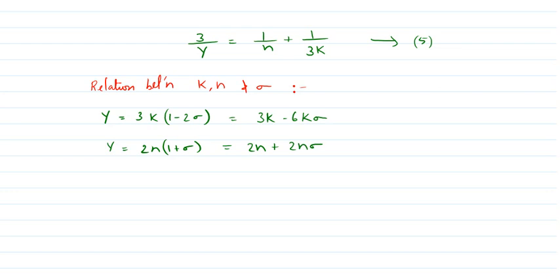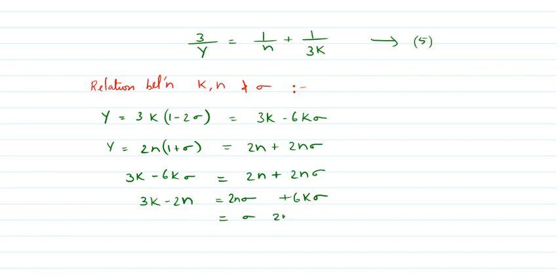Equating these two equations, we can write 3K minus 6K sigma equal to 2N plus 2N sigma. We can bring the sigma terms to one side.